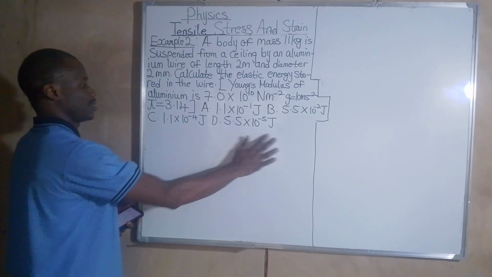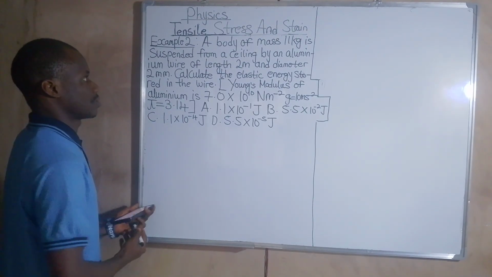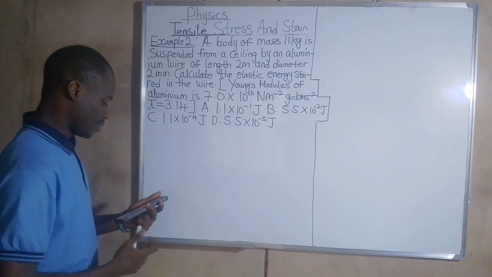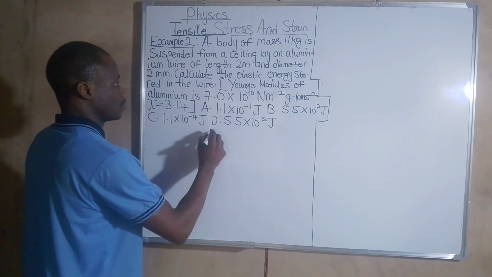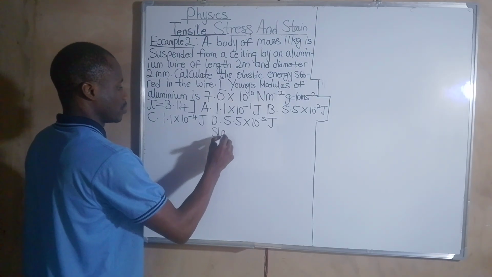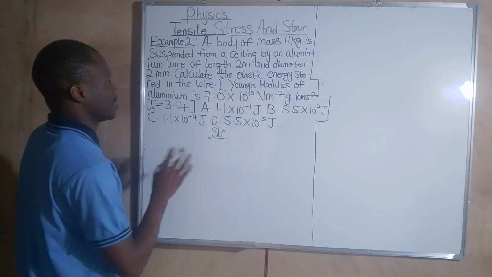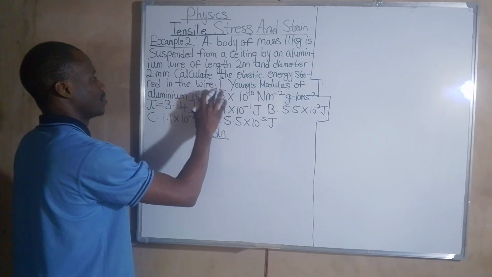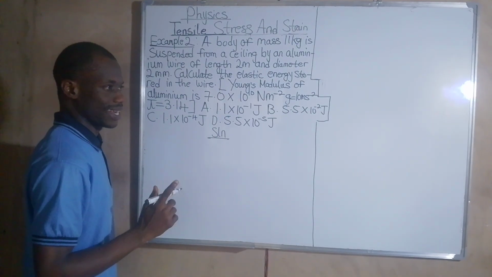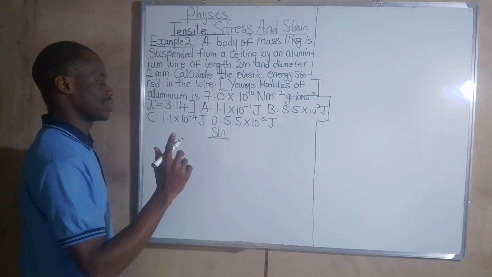So let's see what we have here, which will help us to solve this question. First of all, what was the last thing they said we should calculate? The elastic energy stored in the wire.